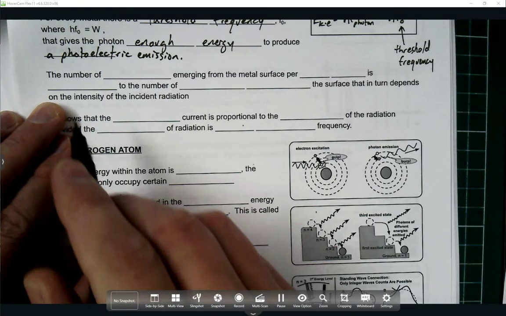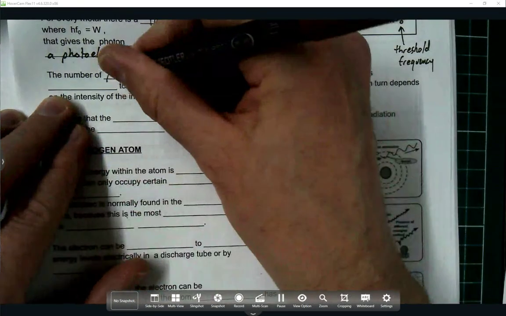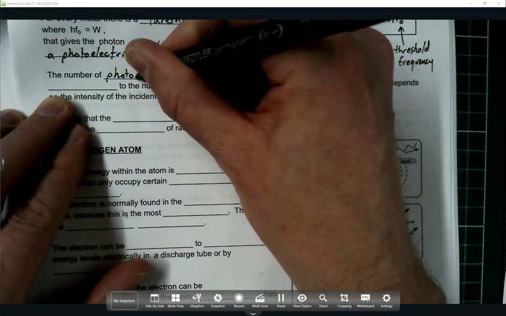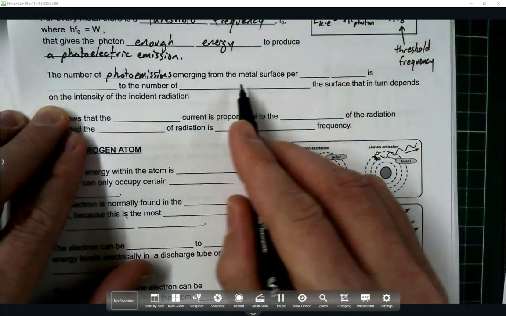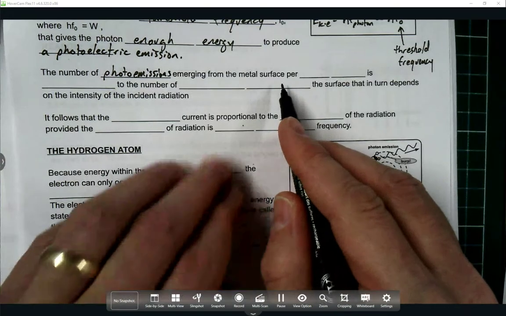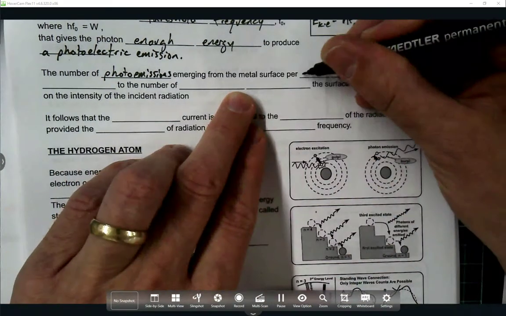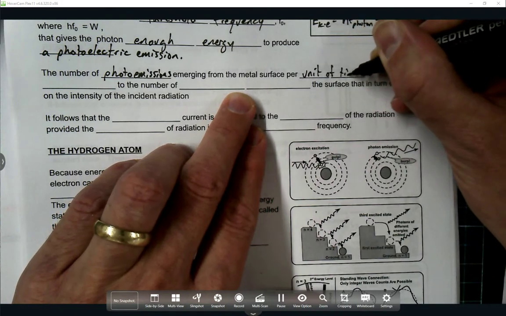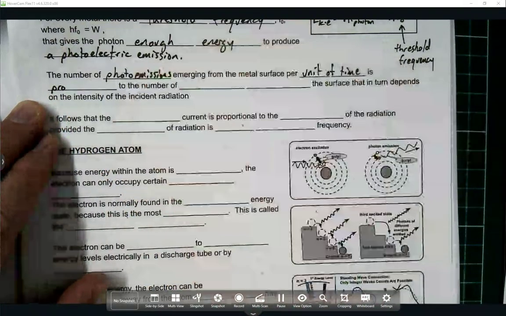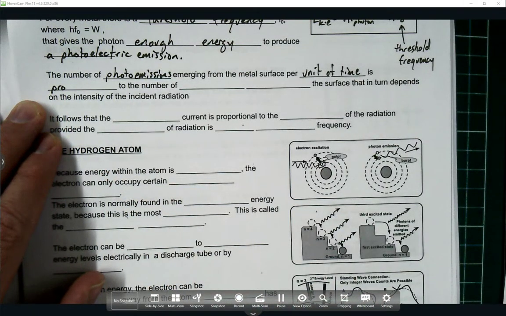All right, so the number of photoemissions emerging from the metal, getting knocked off of the metal surface per unit of time, is proportional to, now we're being repetitive. We've already said this earlier in the note, but we're saying it again with the hopes that you can digest it better the second time around, and in words.